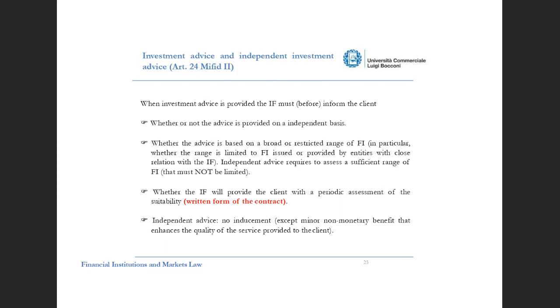Because that's clearly the best solution for the client, to be in a situation where the advisor is independent and considers a wide range of products. But this on the market has not happened, and we still have non-independent investment advice as probably the prevailing business model, at least in continental Europe.